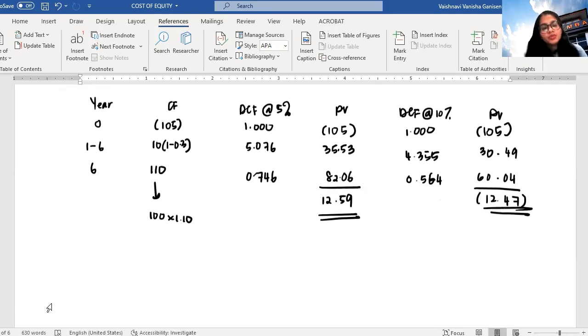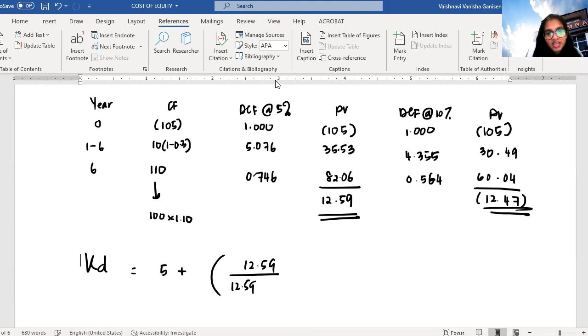Now, KD equals 5 plus 12.59 over (12.59 minus 12.47) multiplied by 5. So 12.59 plus 12.47, 12.59 over the answer, multiplied by 5, plus 5. So I got 7.51%.